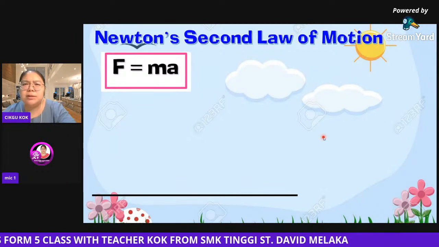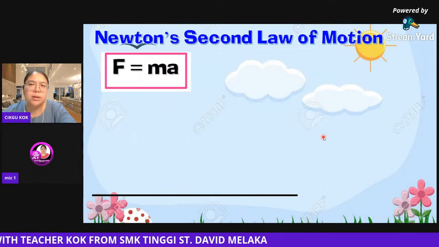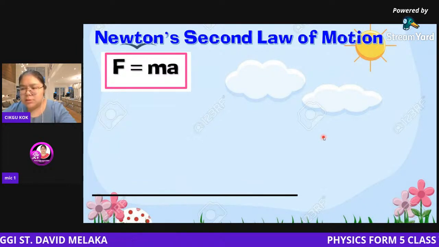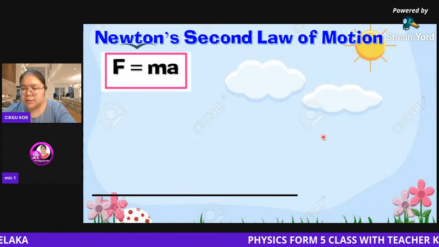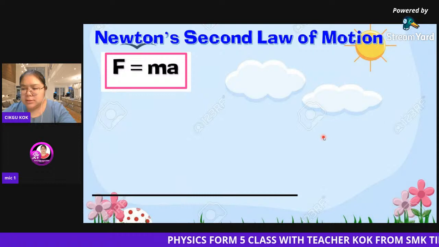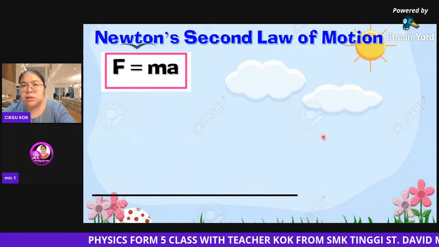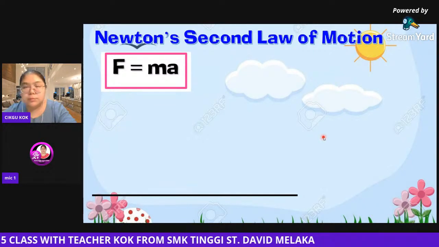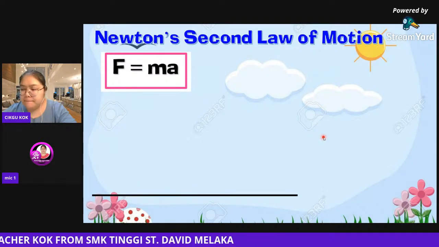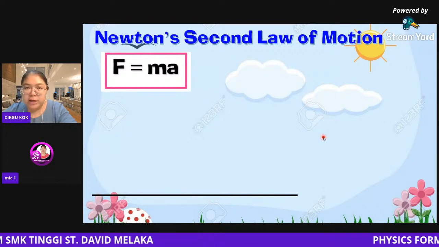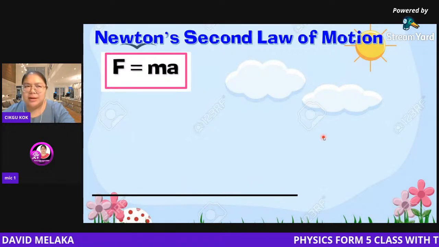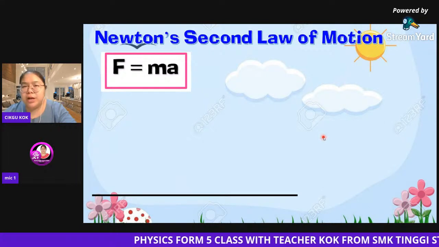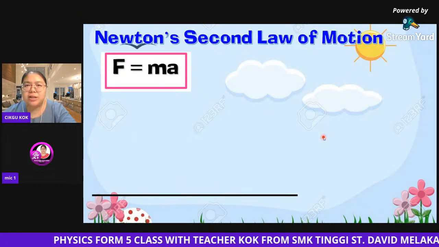So anybody still remember the third law? The third law is related with what concept we learned before? Okay, now we ask about the third law. Anybody remember the concept for the third law? Okay, forget it. The third law is just talking about objects moving in opposite directions. Action and reaction.